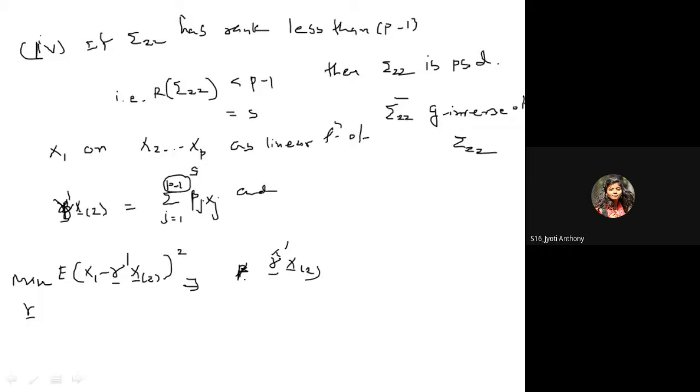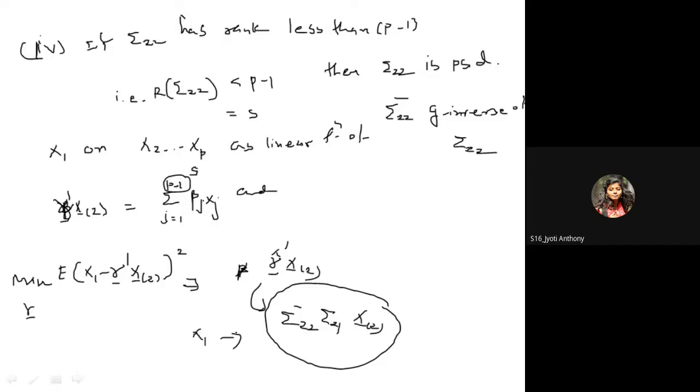And what is gamma dash? In our earlier setup we had sigma 2 inverse; in place of the inverse, what will come? Sigma 2 bar sigma 1, and this is x2. So the estimate of the regression of x1 on x2 up to xp is sigma 2 bar sigma 1 x2.